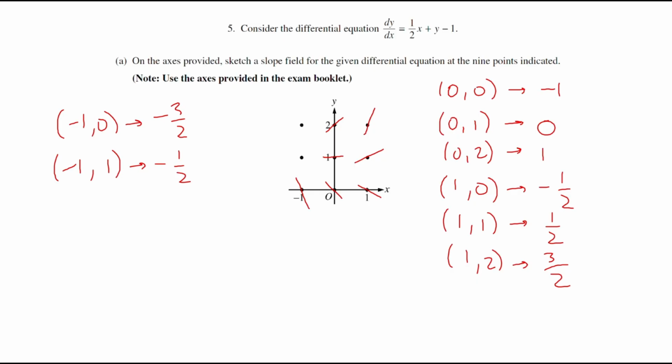That one's not very steep at all. And then when we do negative 1, 2, we'll have negative 1/2 plus 2 minus 1, which is going to be positive 1/2. So it'll look about like that. And they just gave you 2 points for having the slope field completed, looking just about like that in part A.